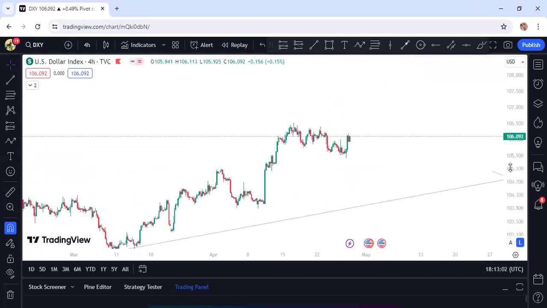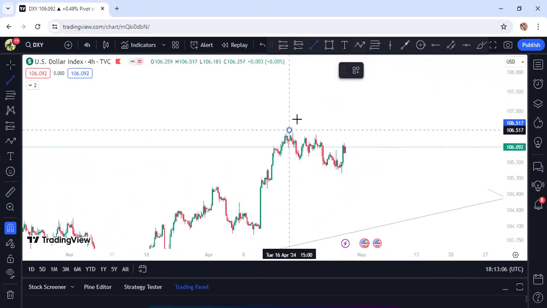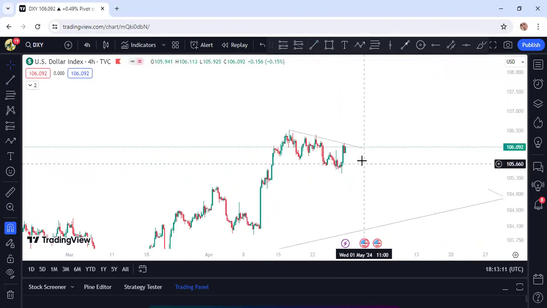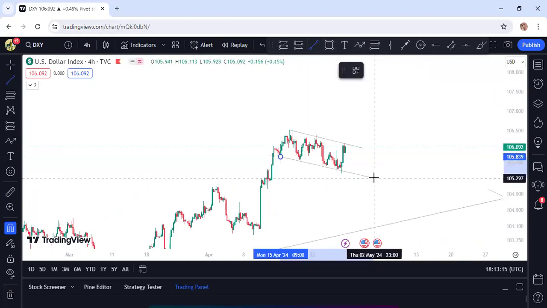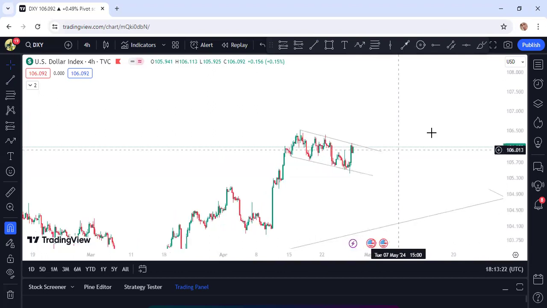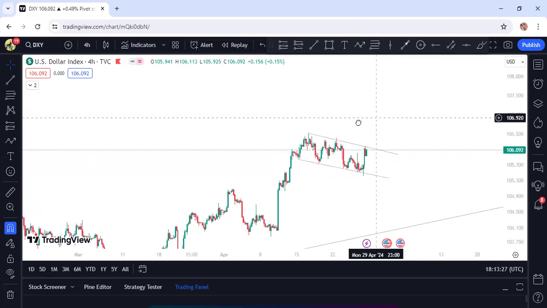So what's happening here on DXY? You can clearly see DXY giving us a continuation pattern here, a flag pattern. Currently DXY is consolidating, giving us a flag pattern.